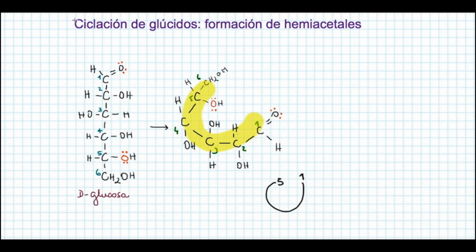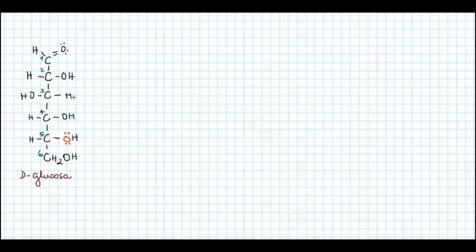Therefore it will be very simple for these carbons to join together to form the ring. So it is the real arrangement, although we are going to work with the vertical arrangement. Having said that, let's consider the glucose molecule.